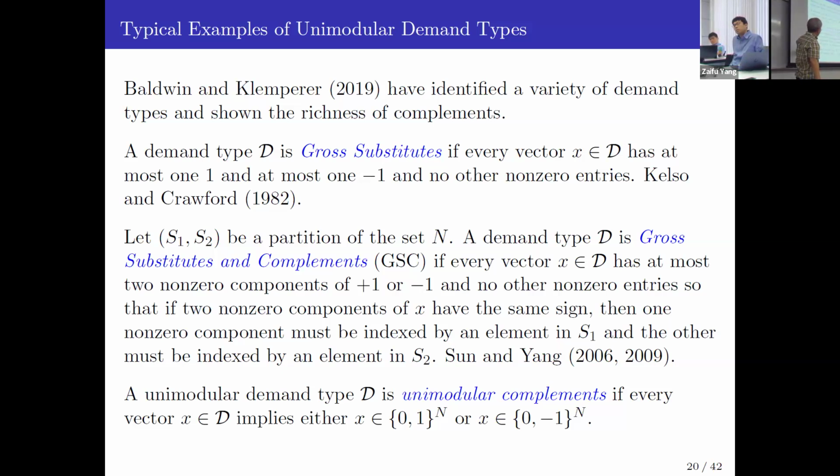Okay, then the unimodular complement. Now you have much more possibilities. Because a demand type is unimodular complement if every X in D implies that all components are 0 or 1, or 0 or -1.